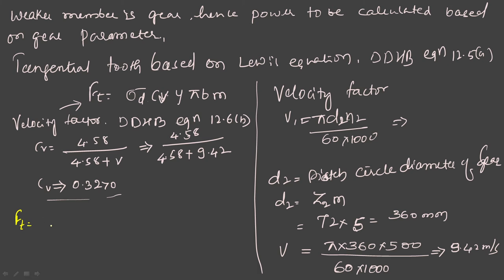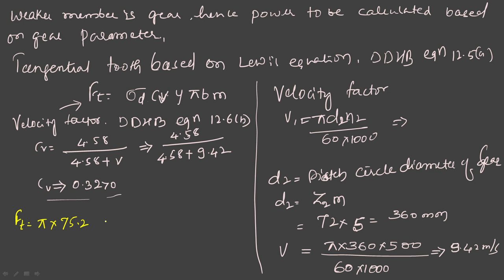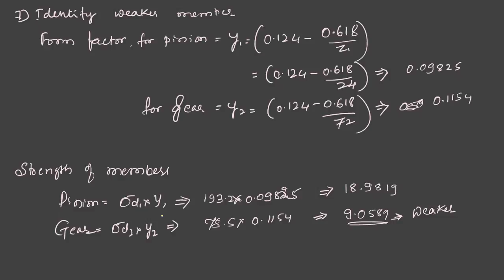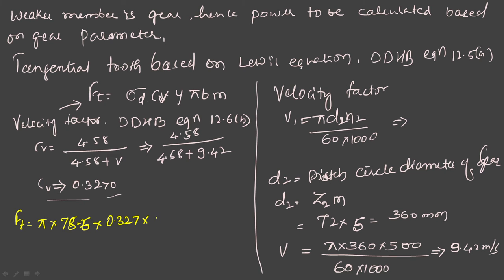Now Ft equal to pi sigma d b y2 Cv m. Sigma d is 78.5. Cv you got 0.327. Y2 you got 0.1154.